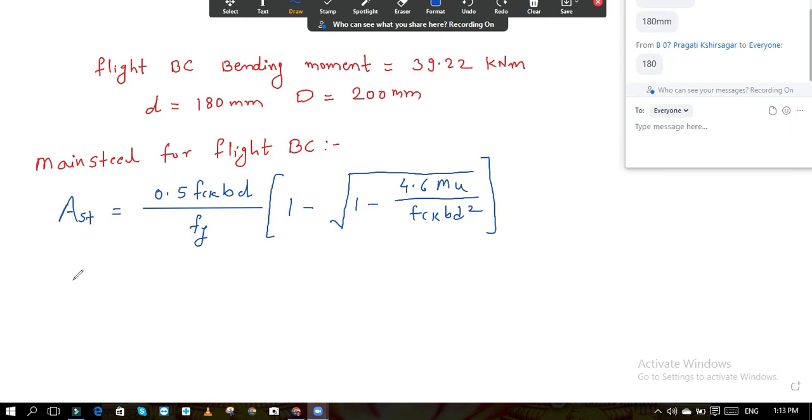So if you put the values, Ast equals 0.5, fck is 20, b is 1000, d is 180.